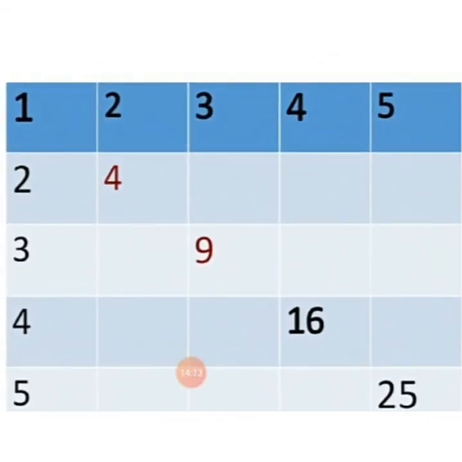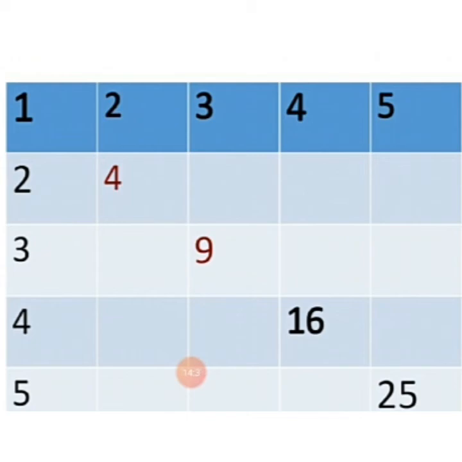It gives us 4. 3 multiplies with itself once. It gives us 9. So with 4, it gives us 16, and 5, 25. Thus, 4, 9, 16, and 25 are squares.